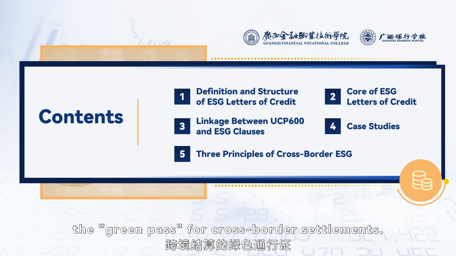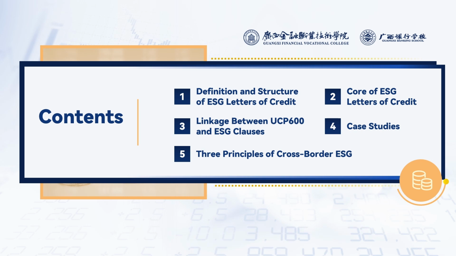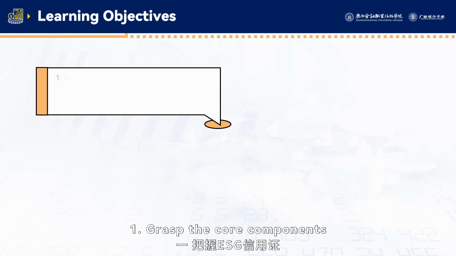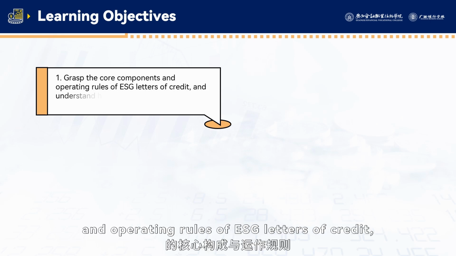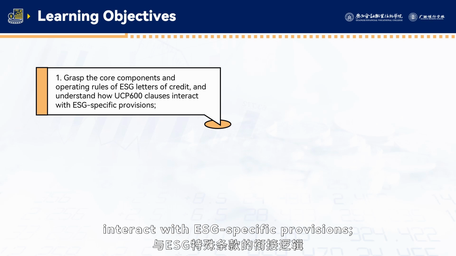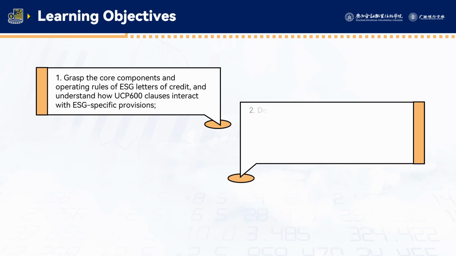By the end of this lesson, you will be able to: 1. Grasp the core components and operating rules of ESG letters of credit, and understand how UCP 600 clauses interact with ESG-specific provisions. 2.